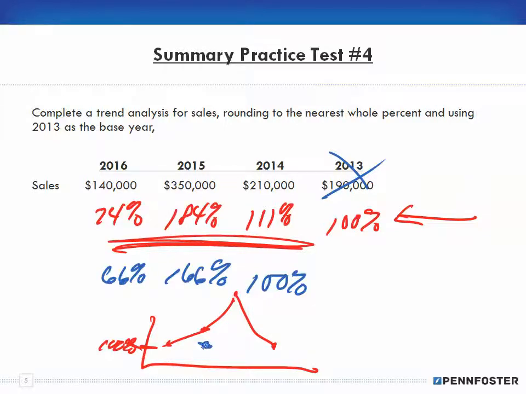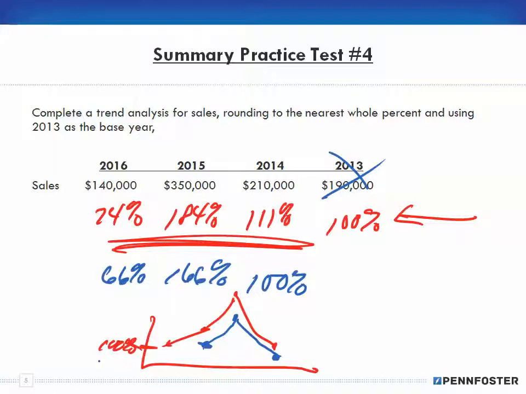So now when I do 2015, it's not going to be as high as when using 2013 as the base, and my drop is also going to be lower. So it's located at a different spot on the graph. This is just an extension of this idea and concept of being able to analyze a trend.